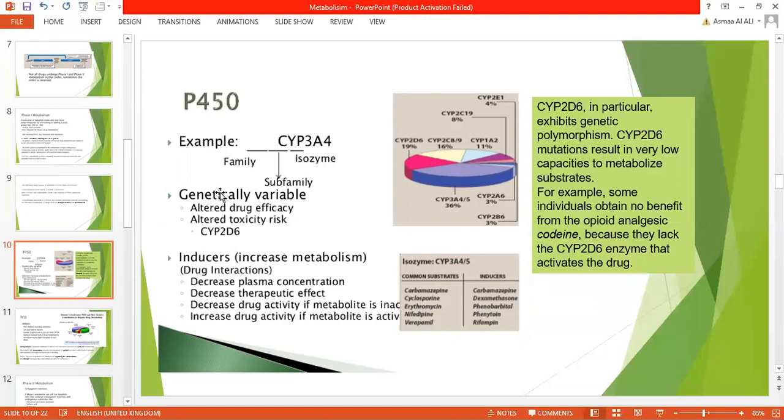So the genetic variation in cytochrome could alter drug efficacy and alter toxicity of a drug.